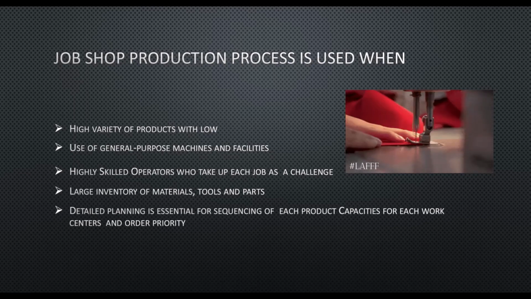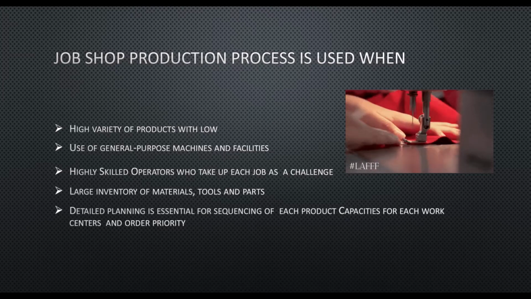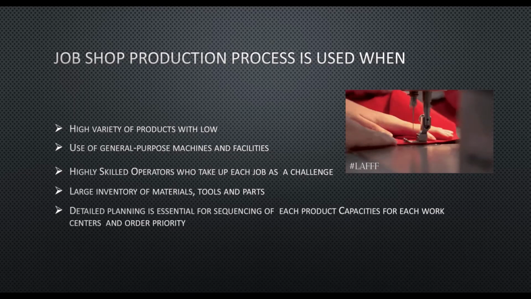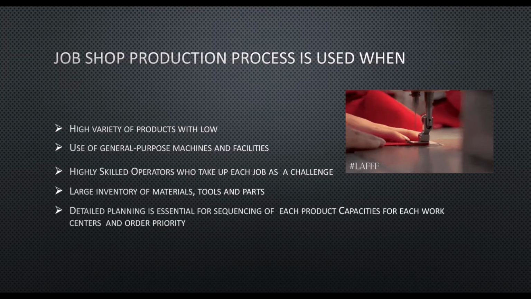See, if the manufacturing industry has high varieties within low volume orders, or they have general purpose machines and highly skilled people, they can use this job shop production system.